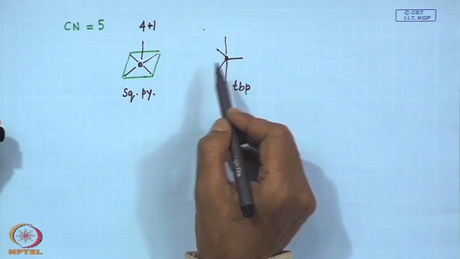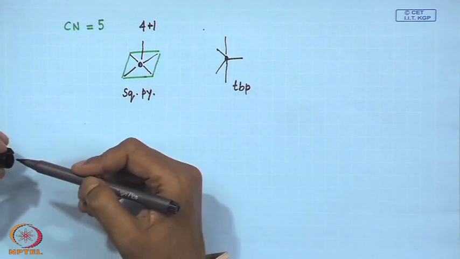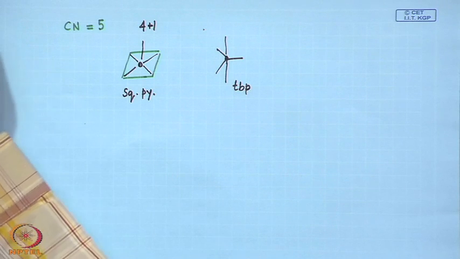is only different, but we can move from one arrangement to the other through some movement of these bonds. One such example, a typical inorganic molecule, not a coordination compound, is PCl5, phosphorus pentachloride.